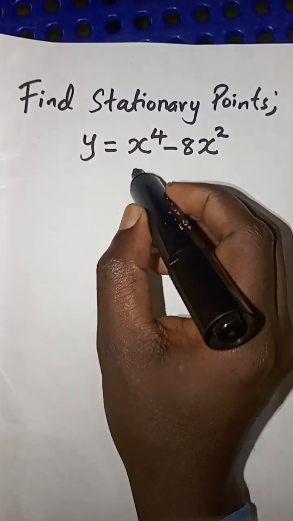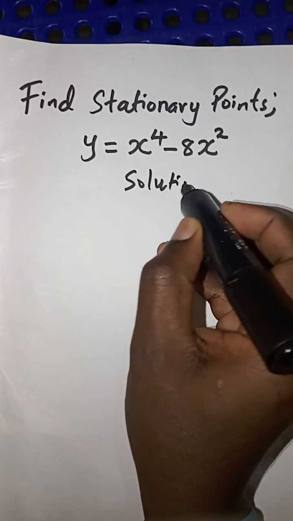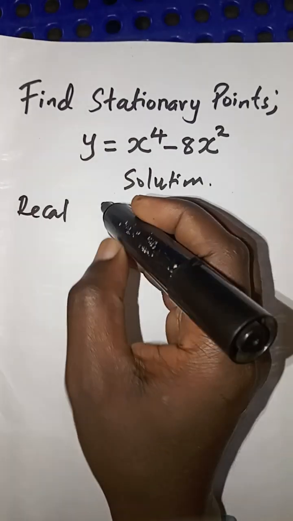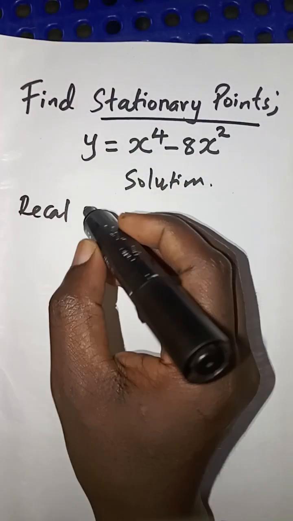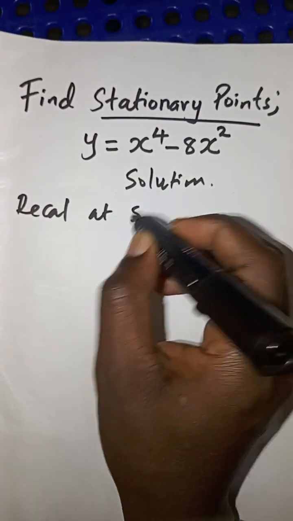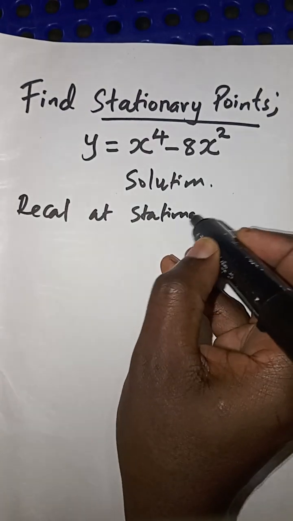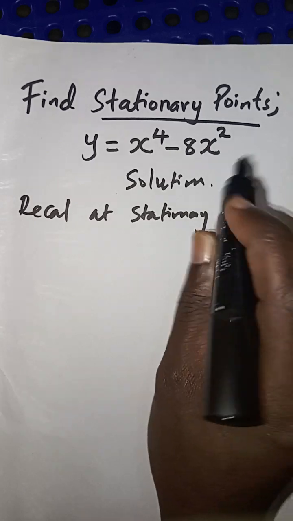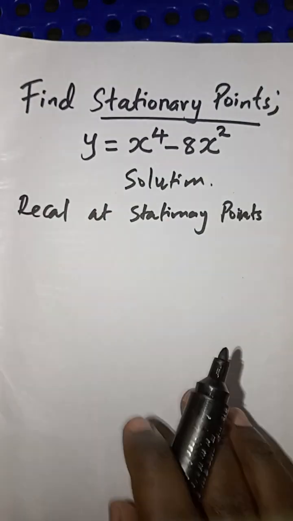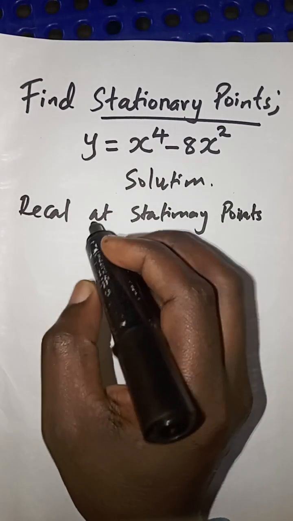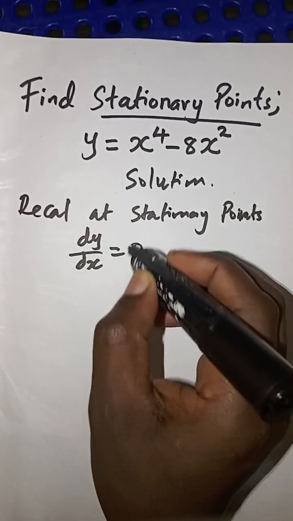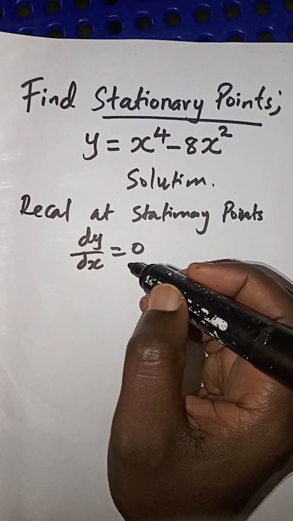So on the solution part, you all need to recall that at a stationary point of this type of curve or any other curve, the derivative of y with respect to x should always be equal to 0.